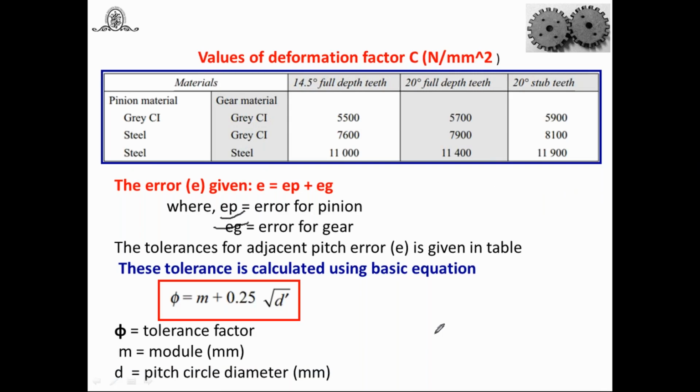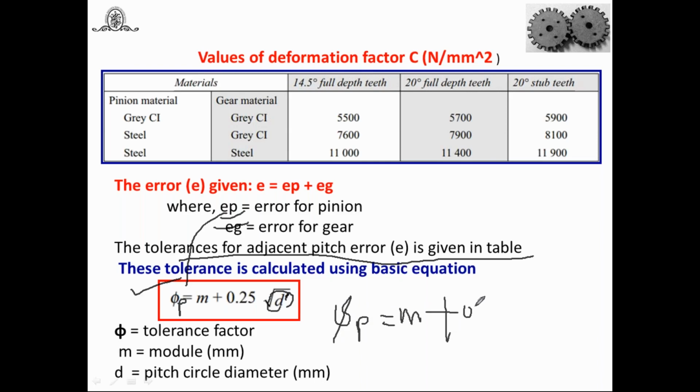To find this error, it is nothing but a tolerance for adjacent pitch error. Last time we discussed this, and the tolerance is given by phi is equal to m plus 0.25 under root d. D means PCD. If we are calculating phi p for a pinion, we have to modify the equation: phi p is equal to m plus 0.25 under root dp, where dp is the PCD for pinion.